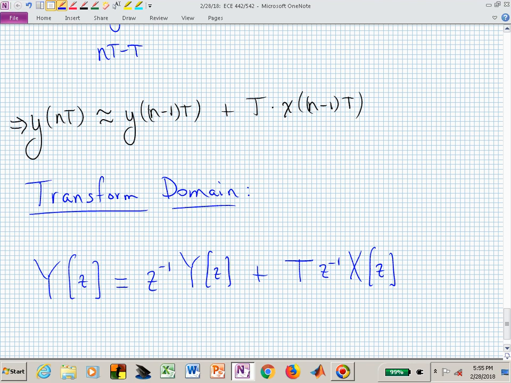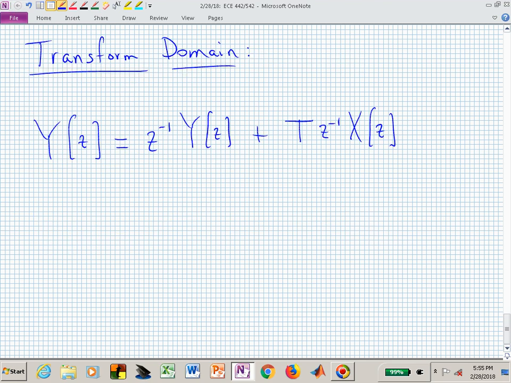Now we can actually find a transfer function between the z transform of our waveform x and the area underneath that waveform, z transform Y. Or we can now say 1 minus z to the minus 1 times Y of z is equal to T z to the minus 1 capital X of z.